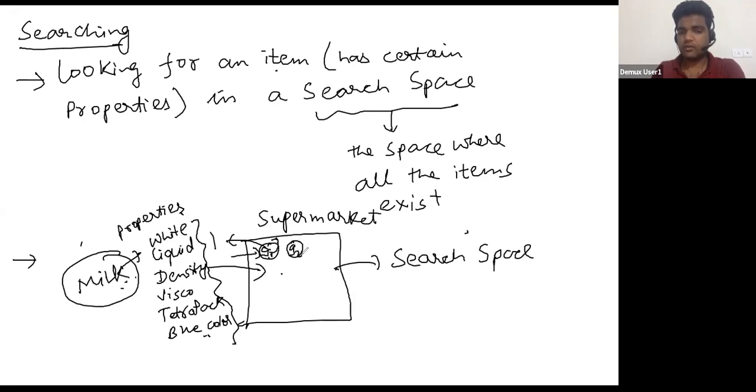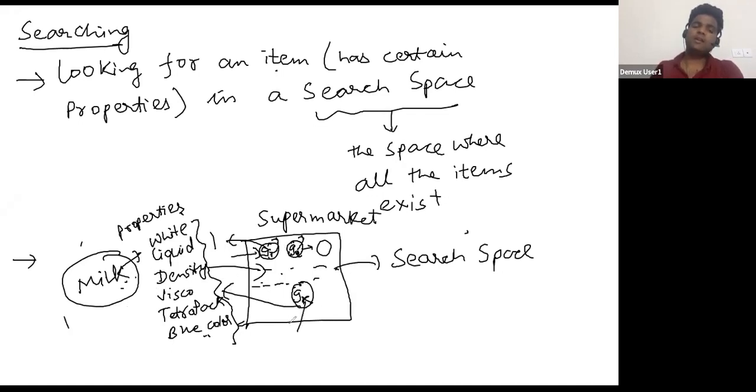So then you can go to the next item, and you can again tell yourself, okay, is it milk? Let's say it's not milk, then you will again put it back in its place, and then you will move on. This way you can just keep inspecting every item in the supermarket one by one. And finally, let's say you get an item IK whose properties match the properties of milk that you have in your mind.